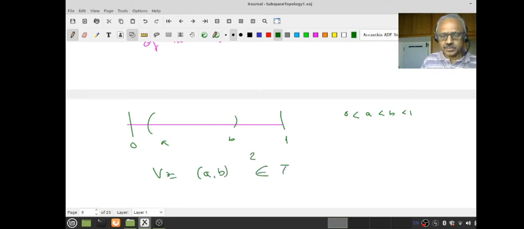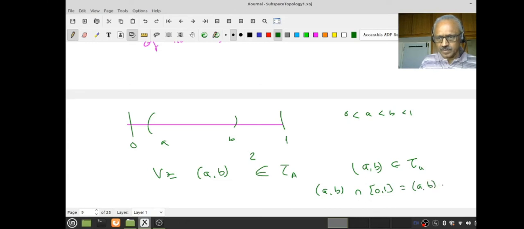Question is, does it belong to tau A? Is it open in the subspace topology? But that's obvious. How many of you think it's obvious? Because this actually belongs to tau, the usual topology. Therefore this intersection [0, 1) is itself, because (a, b) is contained in the interval [0, 1). Therefore it's (a, b). Okay, therefore it belongs to tau A.